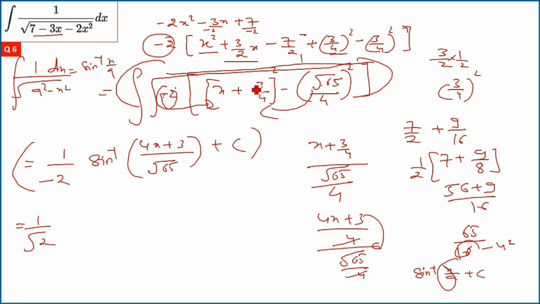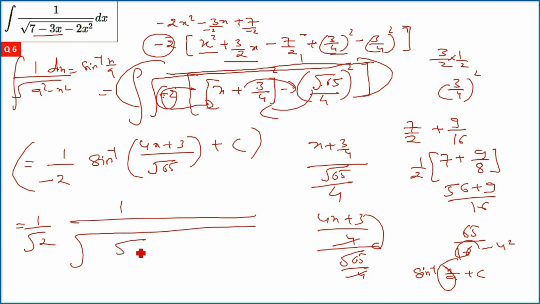But this swapping, let me show you in a result. Means intermediate step, the sin inverse 4x plus 3 by under root 65 is the last step. So under root 65 by 4 whole square minus x plus 3 by 4 whole square. Now this has become a formula. When you integrate this, sin inverse 4x plus 3 by under root 65 will come.